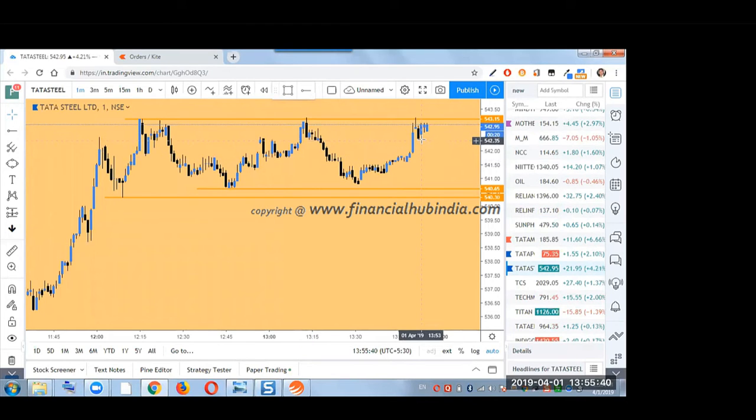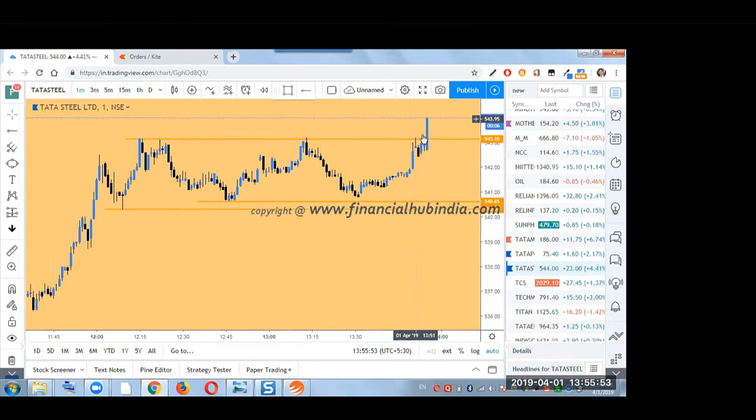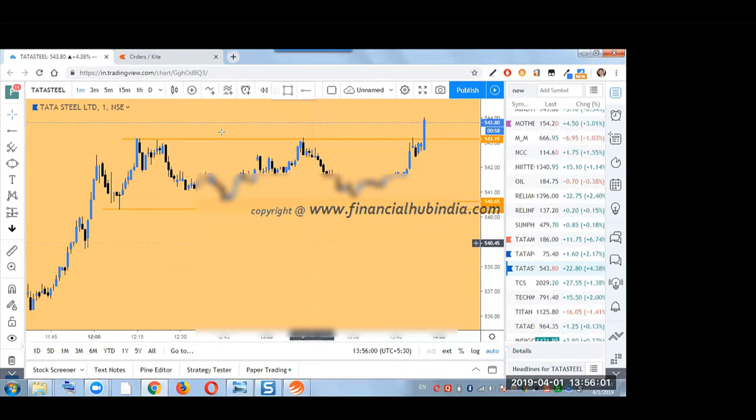The low is 542.40, and we kept the stop loss around 542. So far we hit the first target, and if I was exiting my whole quantity at the 543 level... oh, it's a breakout now. 544. All right, so you're still in this trade.